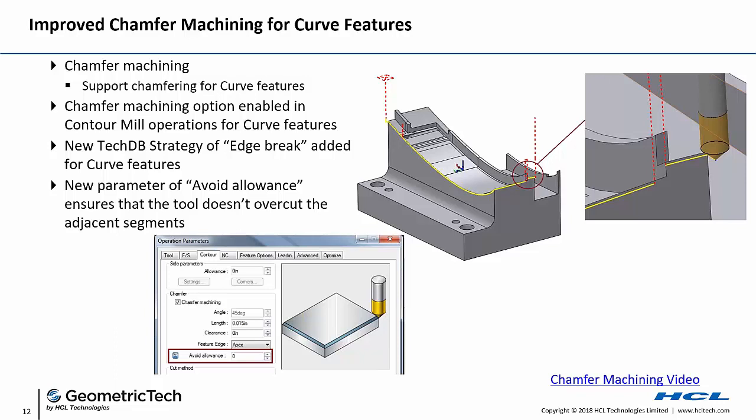And you can see here down at the bottom where you can first of all turn on chamfer machining for the curved feature contour operation now, and also select or input an avoid allowance. Okay, and that can be in terms of either percentage of diameter of the cutter or by a specific distance. So nice new enhancement that's been added for chamfer machining.